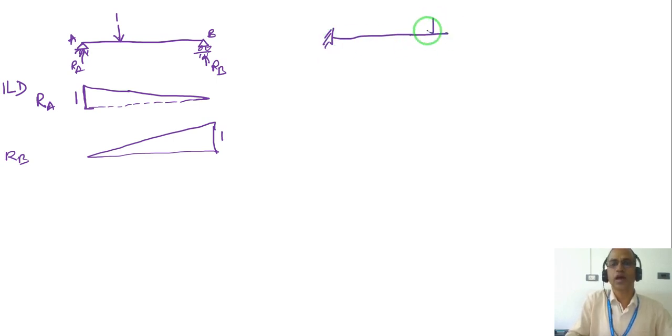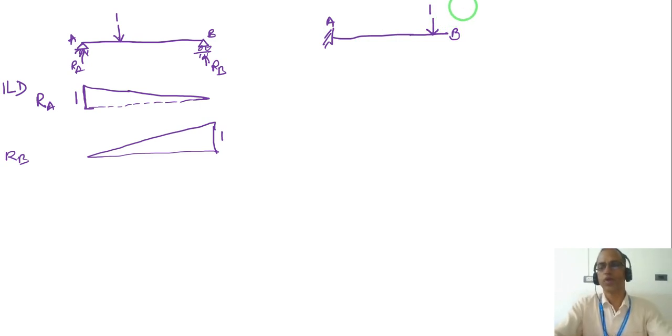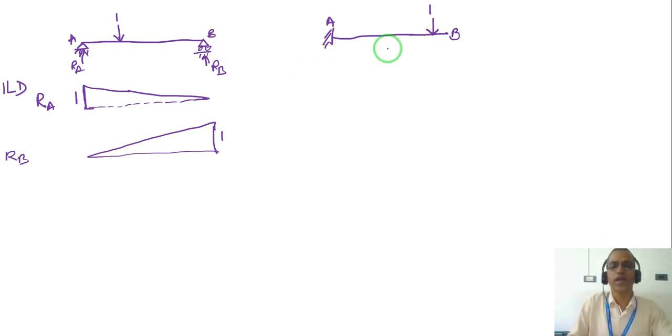Let us say I have a unit load here, and this is point A and point B. I am looking for, let us say, the reaction at A. By moving the load 1, the entire load should be taken by support A. That means irrespective of your location of 1, the reaction remains unity.